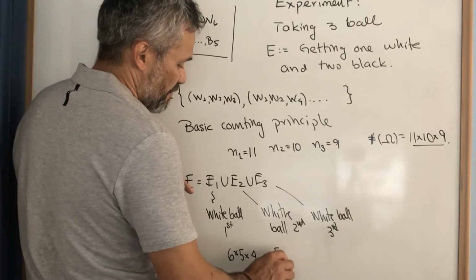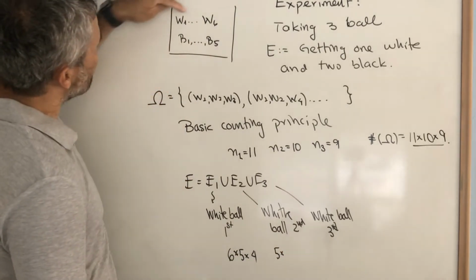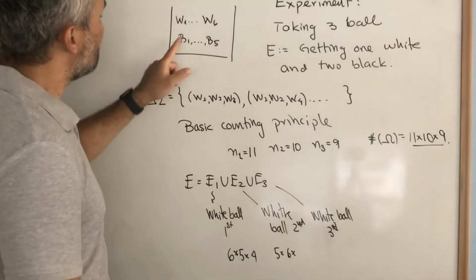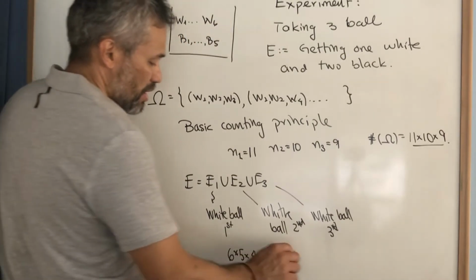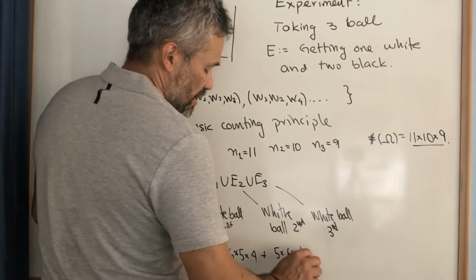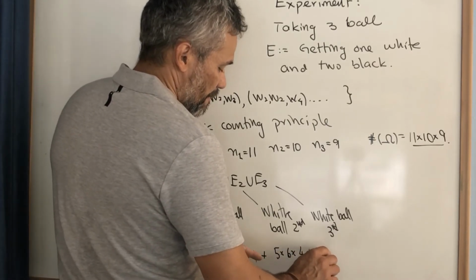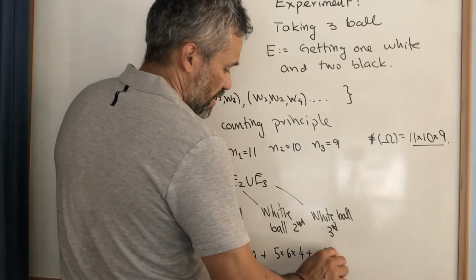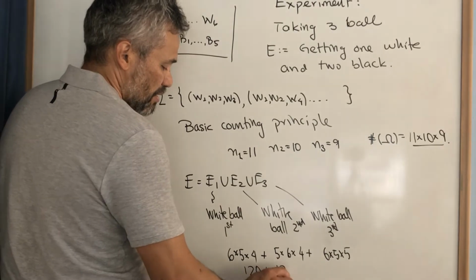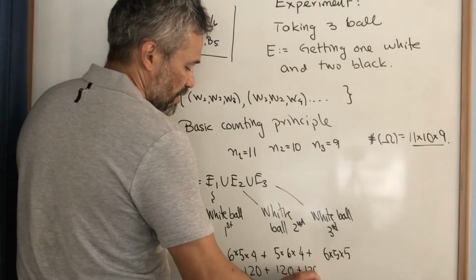It will be 5, times how many ways can we select a white ball, 6, and how many ways can we select a second black ball? It will be 4, and same thing here. It will be plus 6 times 5 times 5. This is 120 plus 120 plus 120.